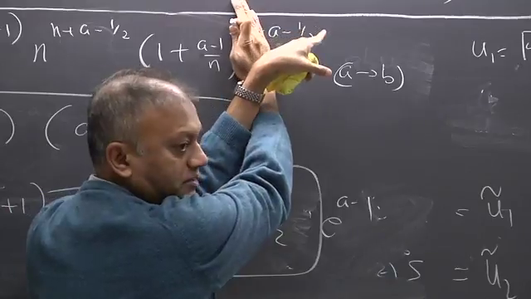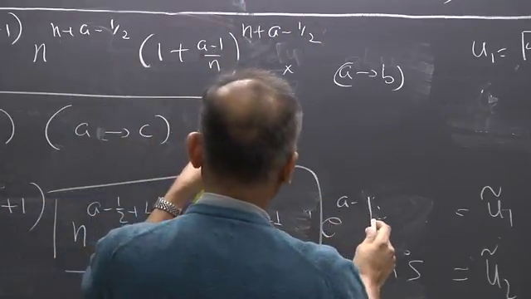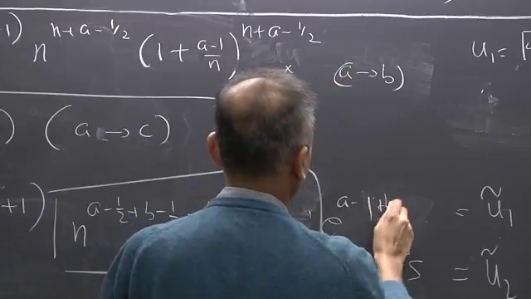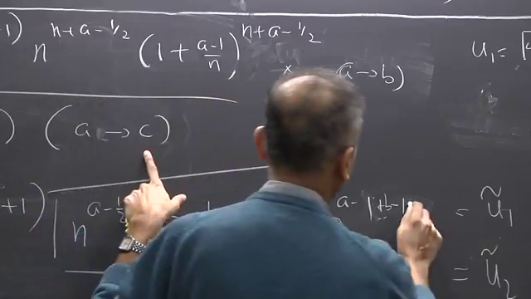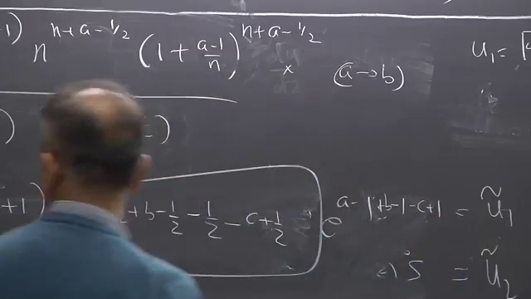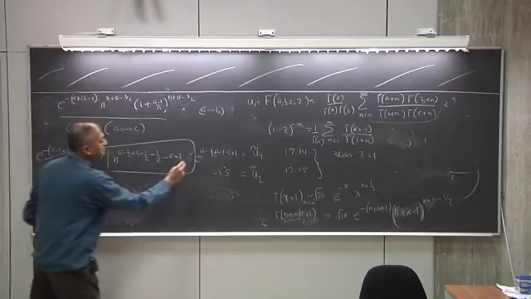So 1 to any power is 1 again. So this is not going to enter. So you just get e to the a minus 1, plus b minus 1. And then a equal to 1, that drops out. And then you get here minus c plus 1. So in fact, you see that this a, b, c also cancels. Actually, this entire thing cancels. So it's 1.